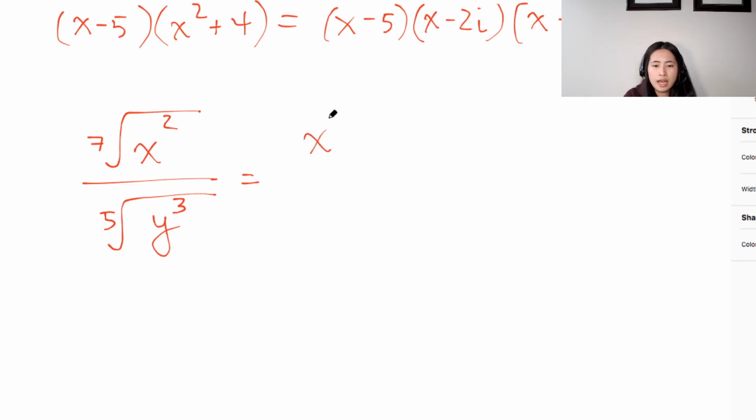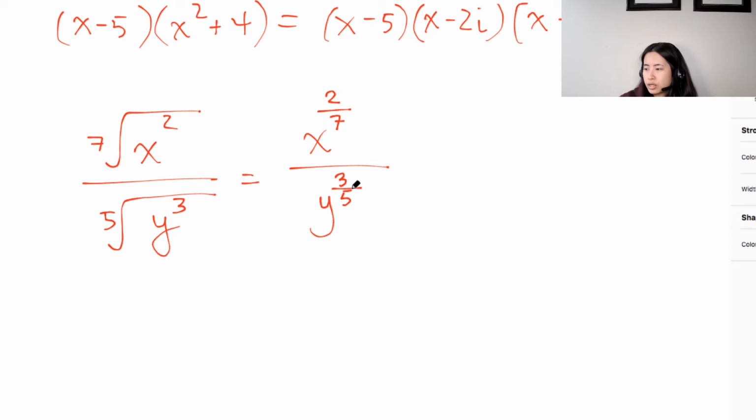If you're looking at x alone, your exponent would be whatever is inside, and that's 2, and your root would simply be your denominator, so that's going to be over 7. And then this is all over y, because of this division symbol, and whatever is inside your root, because this is cube, is going to be your exponent, specifically your numerator. On the other hand, your denominator would simply be 5.